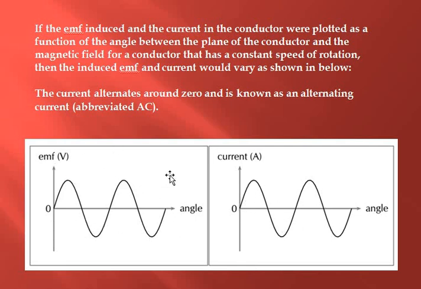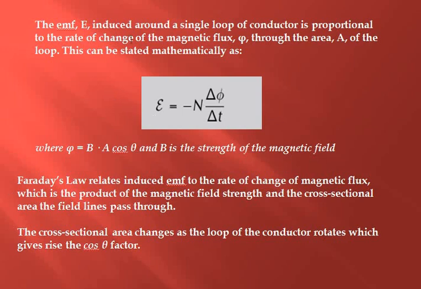So this is how we get our EMF and our current, when we look at how much EMF and how much current is produced as the coil rotates within the magnetic field. The EMF induced is not E, actually it's epsilon, but let's leave it for now.